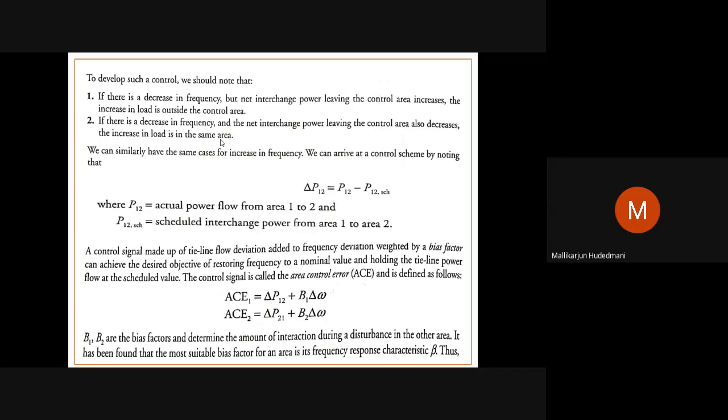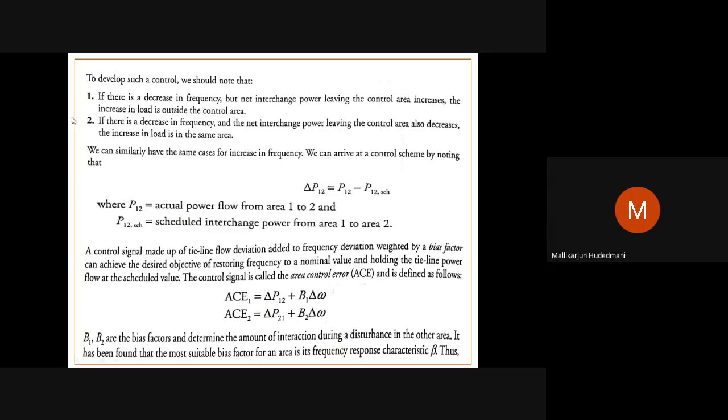A drop in frequency of a certain interconnected area has to be perfectly classified as a drop due to its own load or a drop due to its neighbor's load, because this is important. A drop in frequency due to itself has to be addressed by itself. If the drop in frequency is because of the neighbor, the neighbor has to control, not our area. That is what I want to distinguish by these two statements.